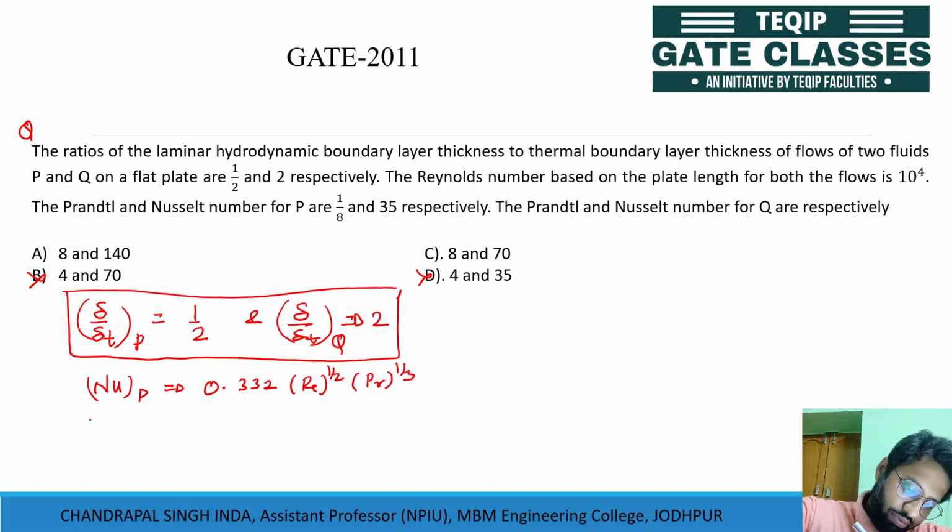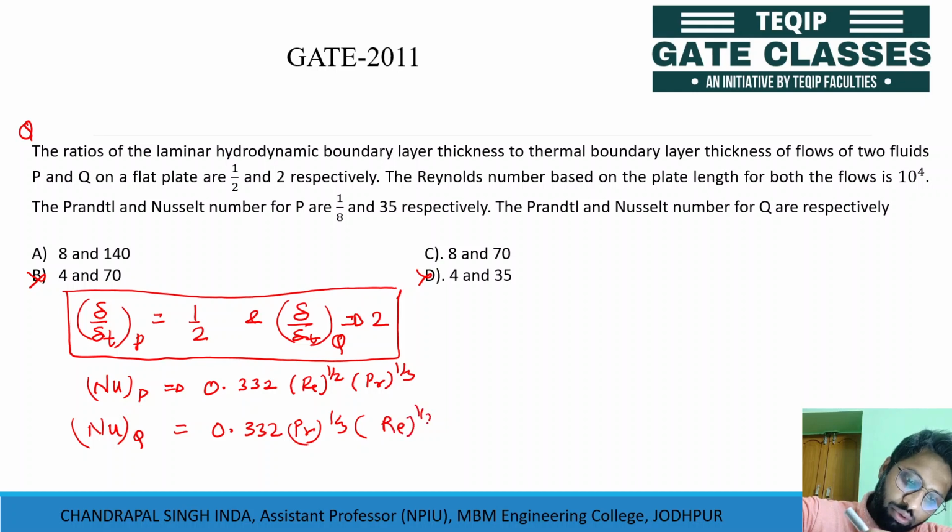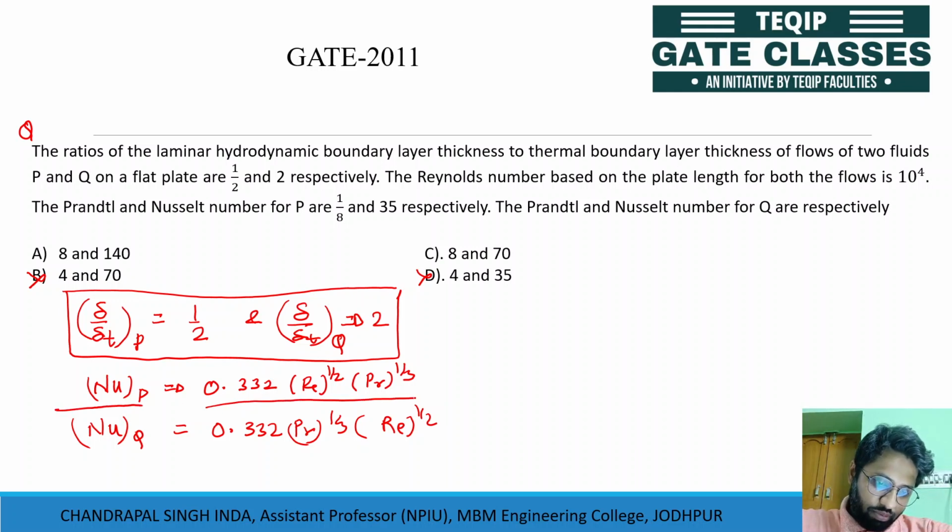And similarly, the Nusselt number for Q fluid is 0.332 times Prandtl number power 1 by third and Reynolds number power 1 by 2. So we can divide both the equations and correlate them to find the value of the Nusselt number for the Q fluid.